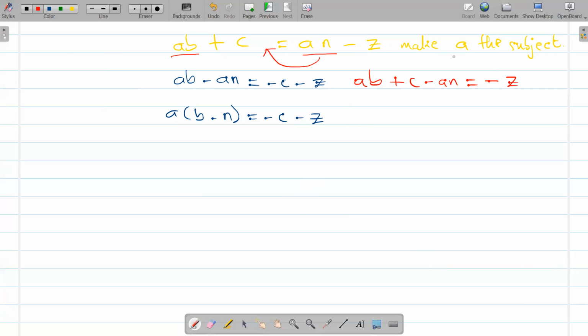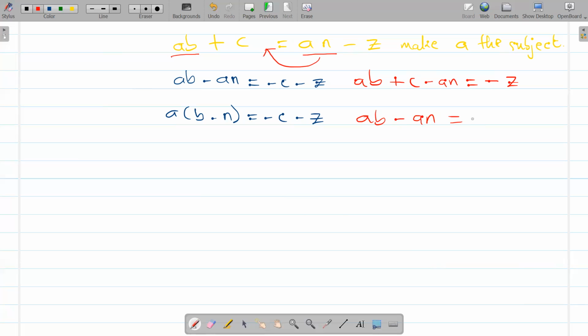So if we want to make A the subject, then we have what? AB, and this is minus AN, right? So minus AN. We are moving the C to the other side of the equal to sign.